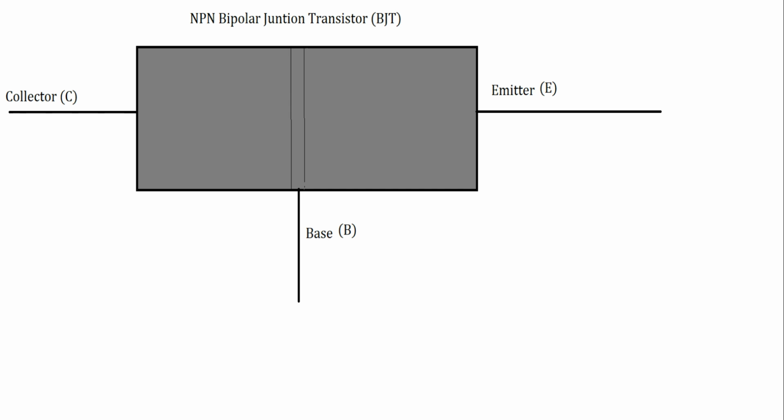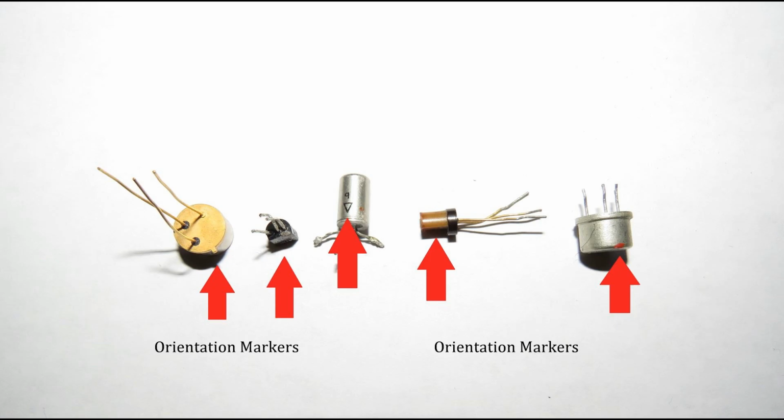The junction is the border between the N and P type of material. Then there is an orientation marker. An orientation marker is used to determine which lead or pin is which: what's the collector, what's the base, what's the emitter.